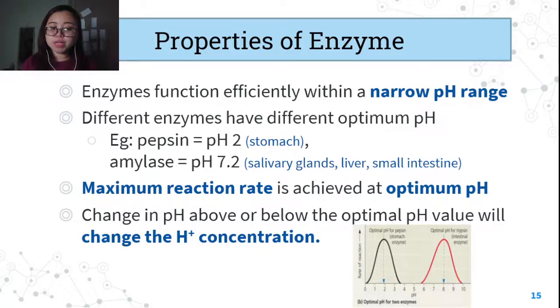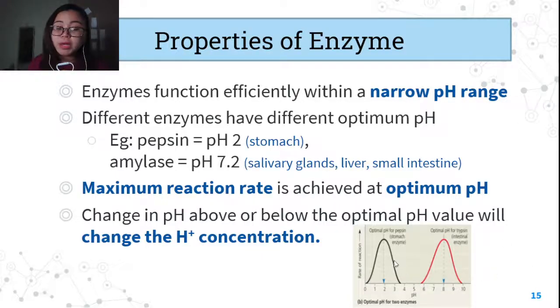A change in the pH above or below the optimal pH value will change the hydrogen ion concentration. So referring to this final point here, as the pH is getting lower, it's becoming more acidic. That means you will have higher hydrogen ion concentration.